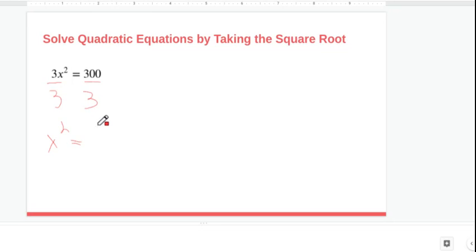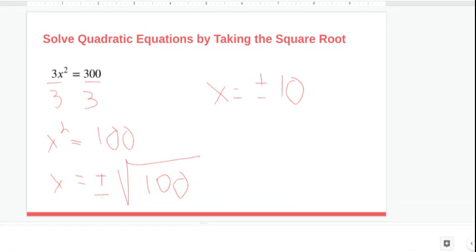Instead of writing the square root of both sides to show the principal and negative square root, that extra step that I had done, I'm going to eliminate that and just write x equals plus or minus the square root of 100. You know that the square root of 100 is 10, and so your solution is plus or minus 10.